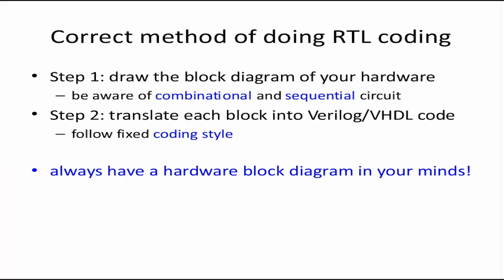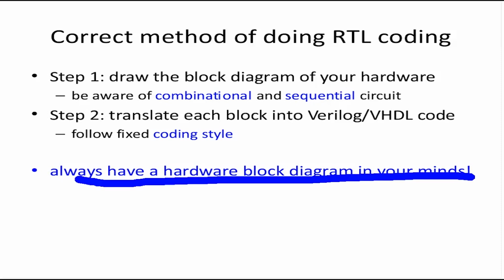We should first study the coding styles and recommendations, and then start coding. It is very important to have a block diagram in your mind. If the block diagram is absent, you will not be able to design correctly. So it helps to write down the architecture as a block diagram on paper before starting the coding.